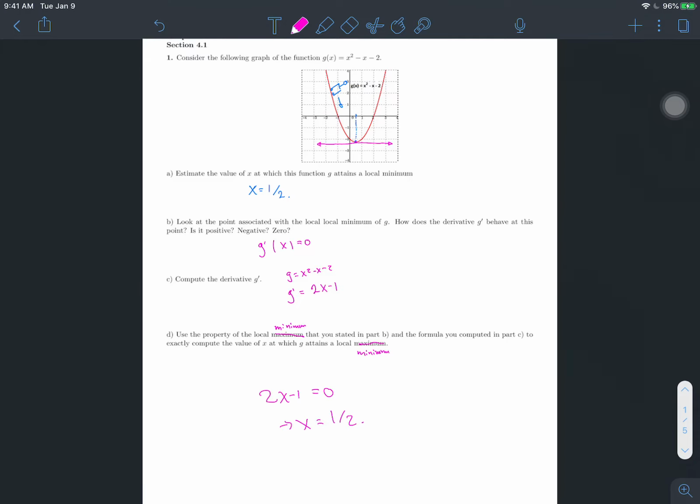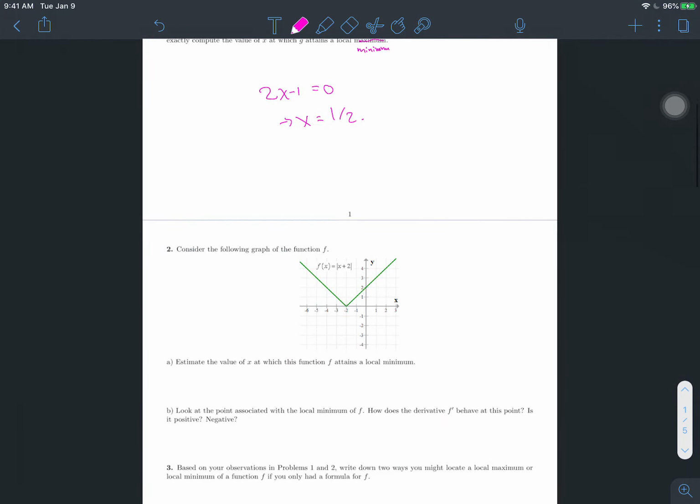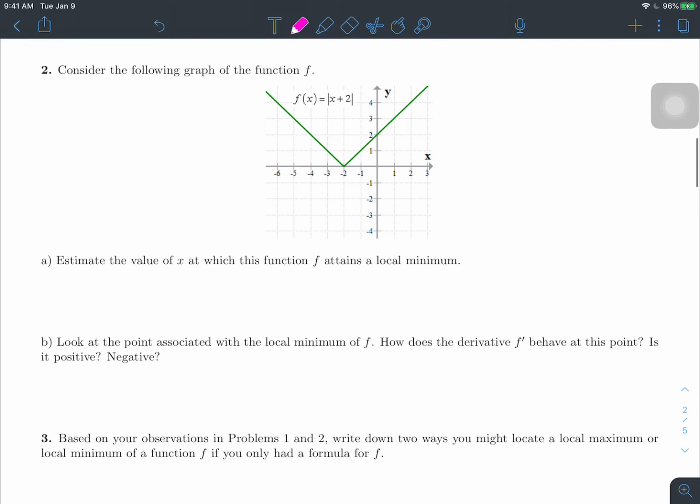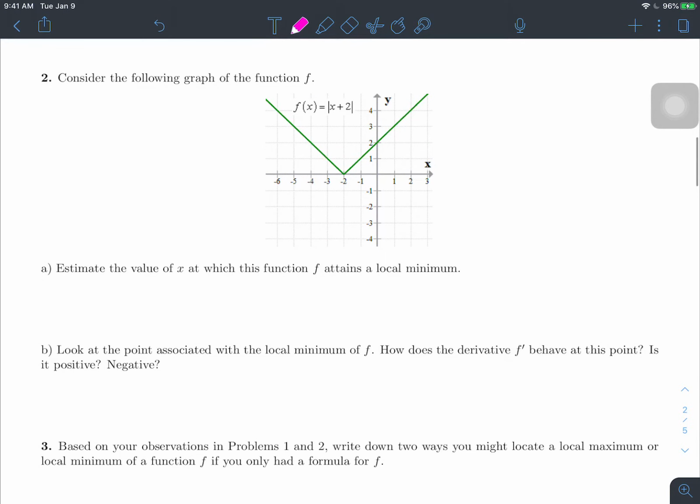So far our working hypothesis is that derivative equals 0 is a good indicator that we might be reaching a minimum or a maximum. But now we're going to consider something a little bit more complicated, and we're going to see why our previous rule isn't exactly covering all possible cases.